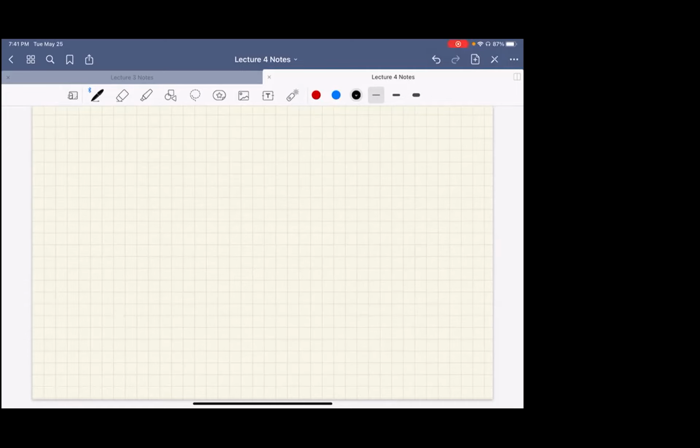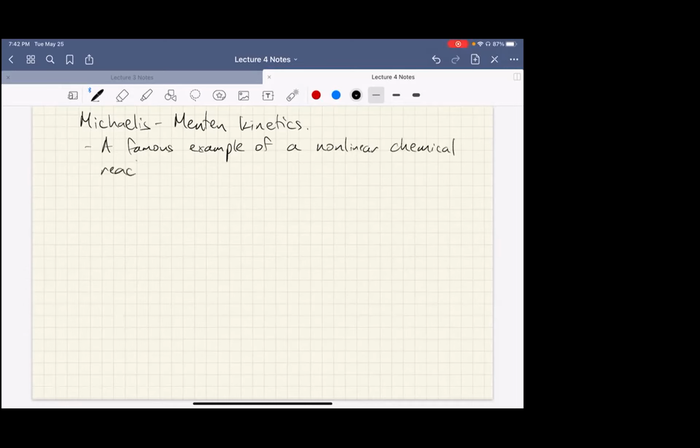And the example that I want to give you is a very, very famous example called Michaelis-Menten kinetics. So Michaelis-Menten is a famous example of a nonlinear chemical reaction that can be solved.